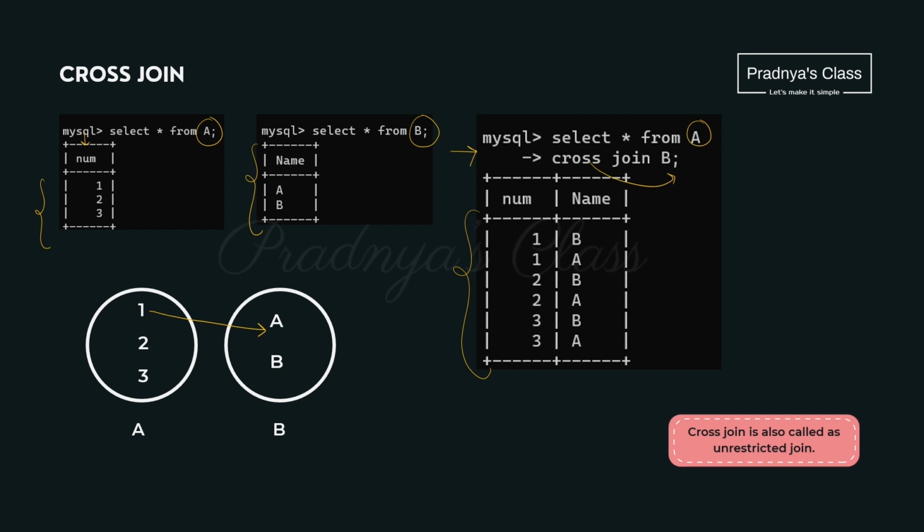In the same way, first record of the first table will get matched with the second record of the second table. The same process will get followed for the other records. That's why there are 2 entries for each record of the table A, because it is getting matched to each and every record of the table B, and there are 2 records in the table B.